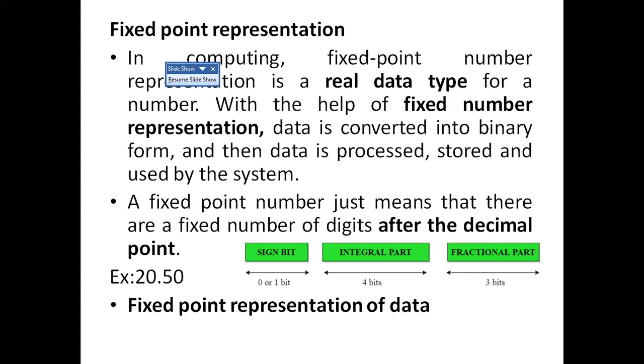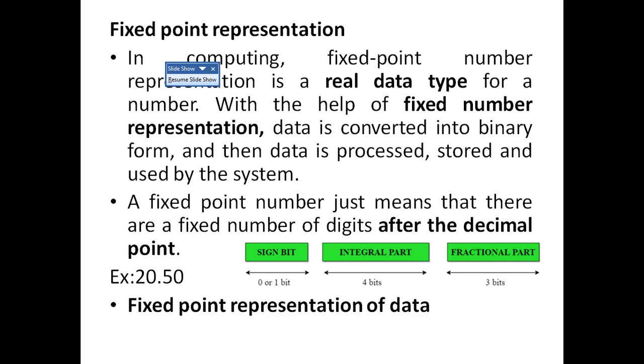The computer accepts the fixed point numbers and automatically converts them into binary numbers. The binary numbers are stored in a particular notation. That notation has three fields.